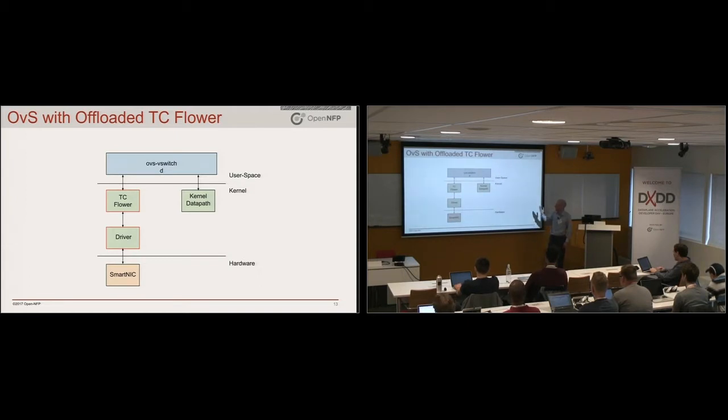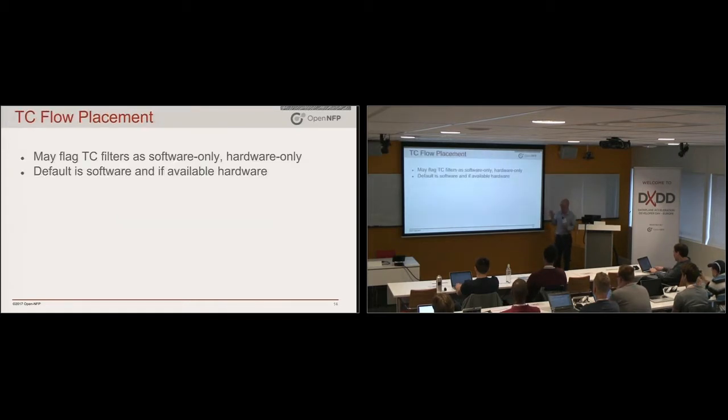So this is kind of the basics of the system. And as I mentioned earlier, we have three data paths here, although they're not enabled as such here. It's 1, 2, 3. And we can control where the packets go into these data paths. So ovs-vswitchd can choose to put it into the kernel OVS data path or over into TC world.